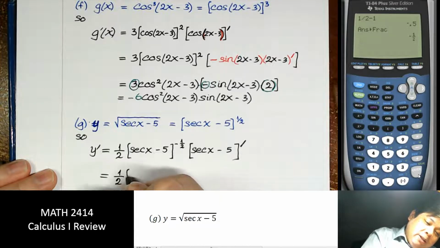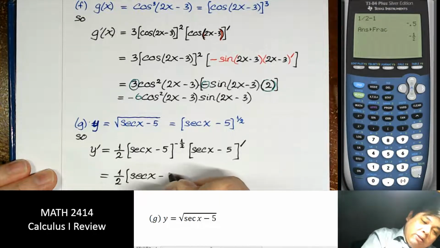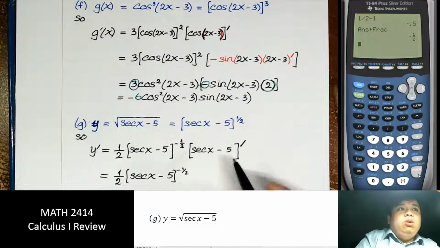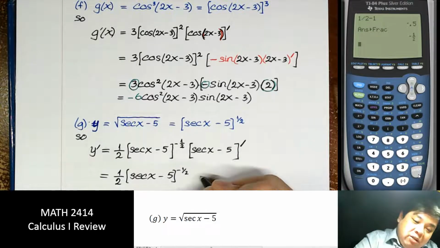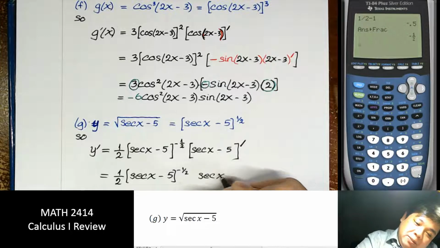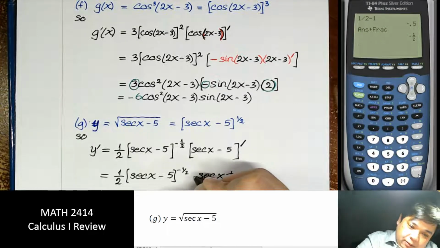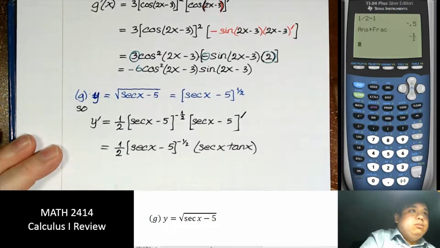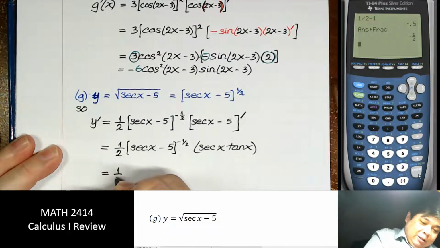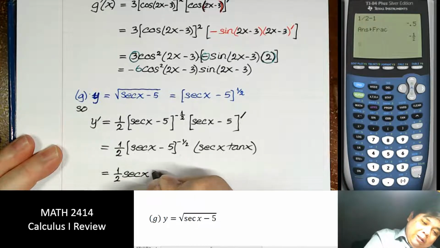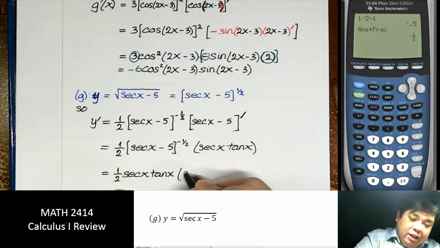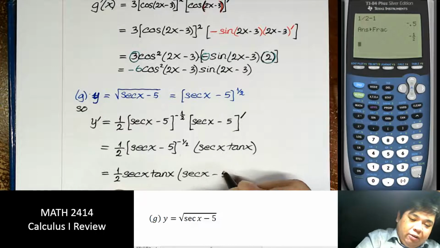So we have 1/2 secant x minus 5 to the minus 1/2, and derivative of secant x minus 5, derivative of secant is secant tangent, right? And it's just multiply to it, right? And we can put that in front. Right here, and then we have the secant x minus 5 to negative 1/2.